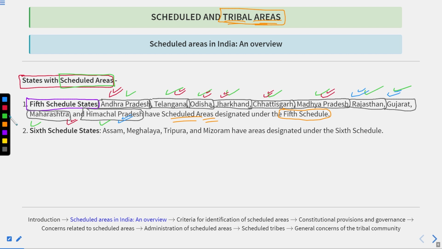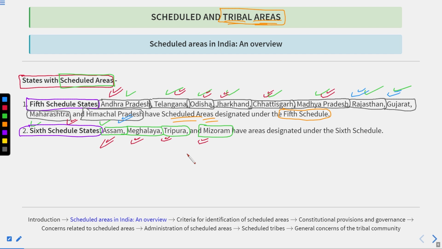Okay. Thereafter comes our Sixth Schedule. Sixth Schedule states. We know the Sixth Schedule states are Assam, Meghalaya, Tripura, and Mizoram. These states are also part of the Red Corridor or the Northeast insurgency. Assam, Meghalaya, Tripura, and Mizoram, these states are still affected by Naxalism, still affected by militancy.